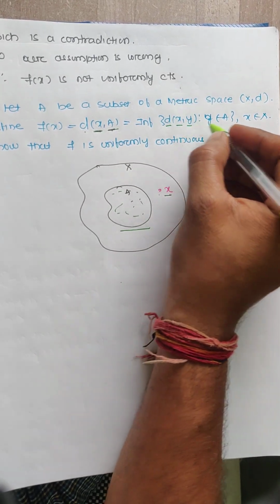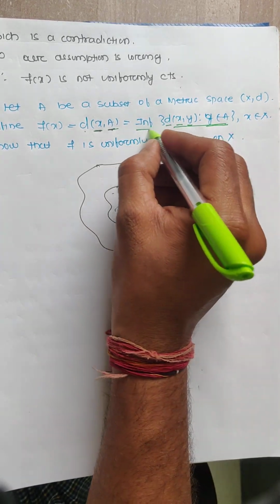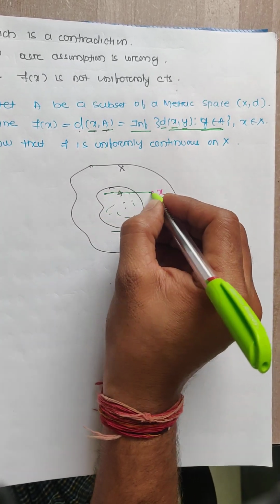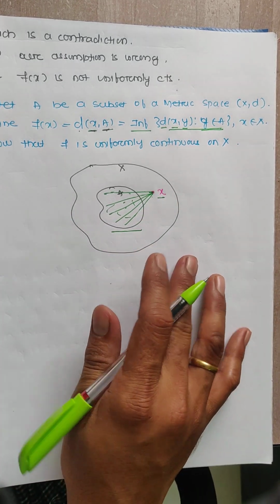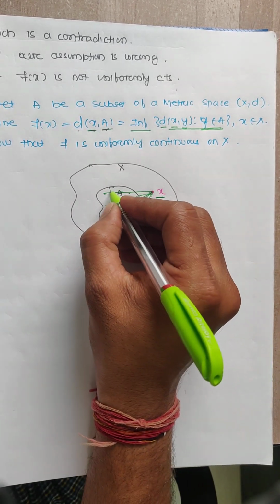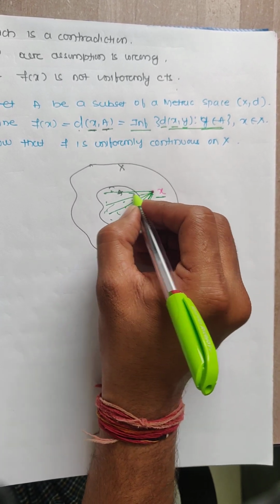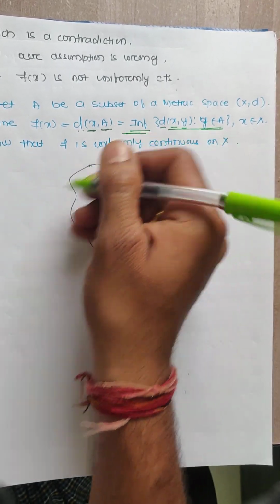For every such y I find the infimum, the smallest distance. I find every distance of this x from every point y in A, and I take the infimum of those as the distance between x and A.